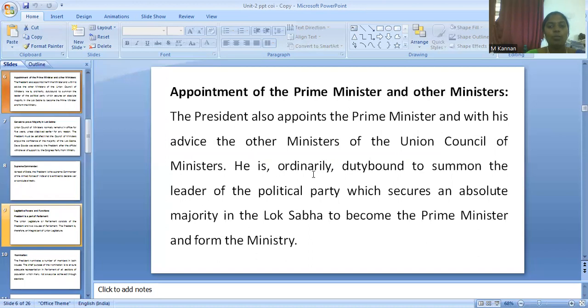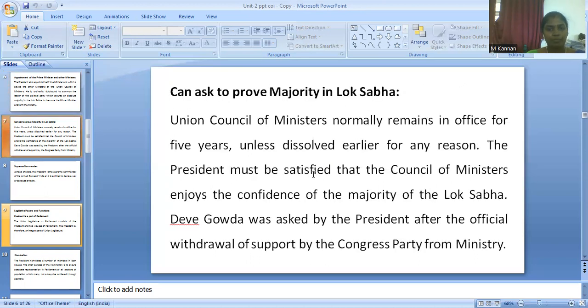He also appoints the Prime Minister and other ministers. The President appoints the Prime Minister and, with his advice, the other ministers of the Union Council of Ministers. He is ordinarily duty bound to summon the leader of the political party which secures an absolute majority in the Lok Sabha to become the Prime Minister and form the ministry. He can ask to prove majority in Lok Sabha.